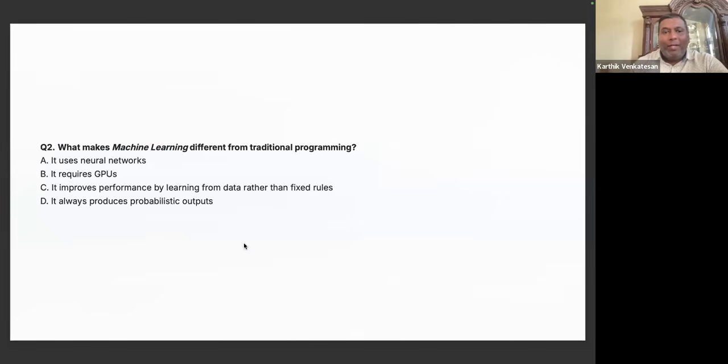So when you have two answers that are right, you just see which one is closer to the particular topic we are discussing. If we are asking about deep learning, then neural networks is probably a much better answer, even though A and C are right answers for both machine learning and deep learning.